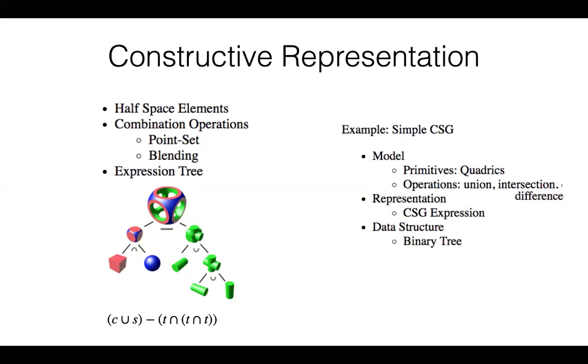And then you have all the parameters associated with each primitive. And if we had a blending operation, it would be similar, but with a different type of combination and other parameters to do different types of blending and things like that, right?